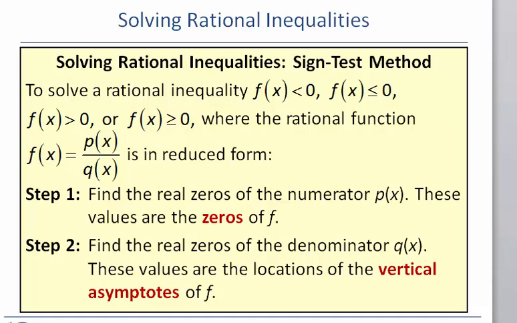Basically, this procedure table says that we need our rational function to be in reduced form. We then need to find the real zeros of the numerator. We need to find the real zeros of the denominator.